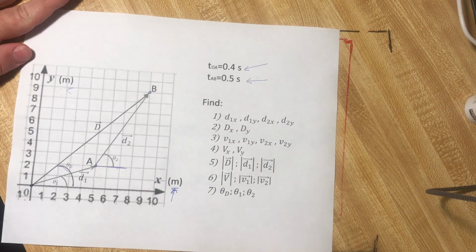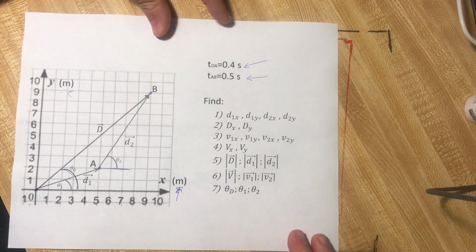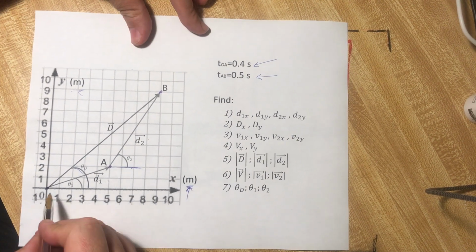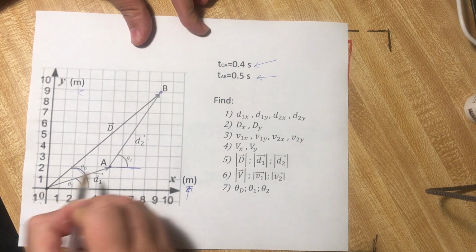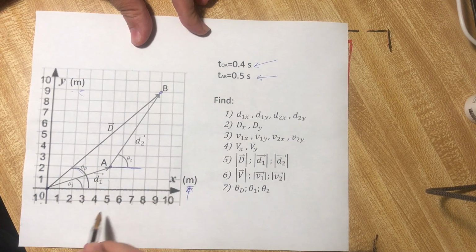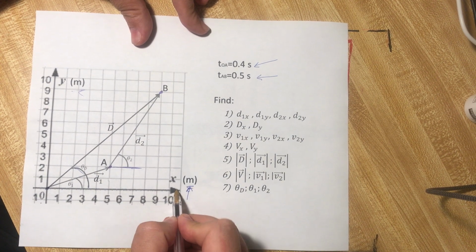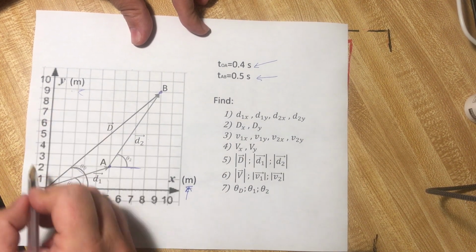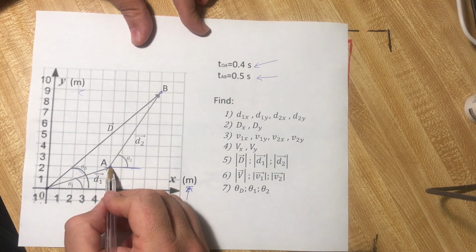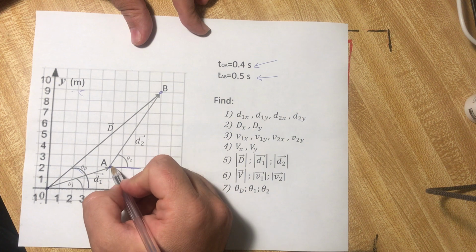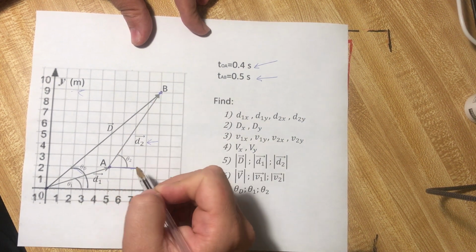Okay, students, now I will talk about another example and you can go and complete it. I'm talking about a body moving from the origin to the point A, which is 5 meters in the x direction and 2 meters in the y direction, and then moving from A to B, this vector is d2.